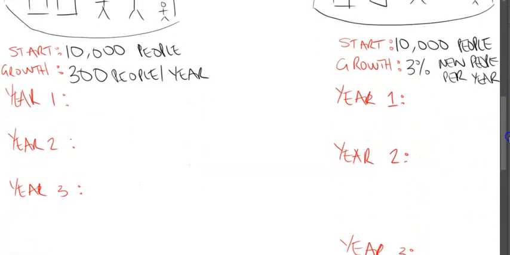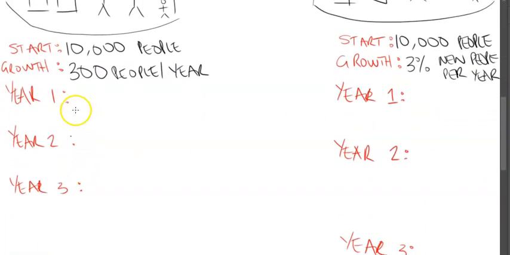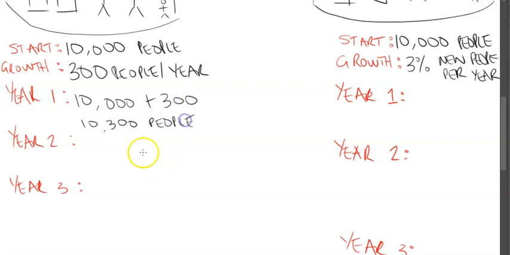So let's look at the very basic one for 300 people per year. In year 1, we have 10,000 plus 300. So we have 10,300 people. Pretty straightforward. In year 2, we have 10,300 plus 300, which is 10,600.